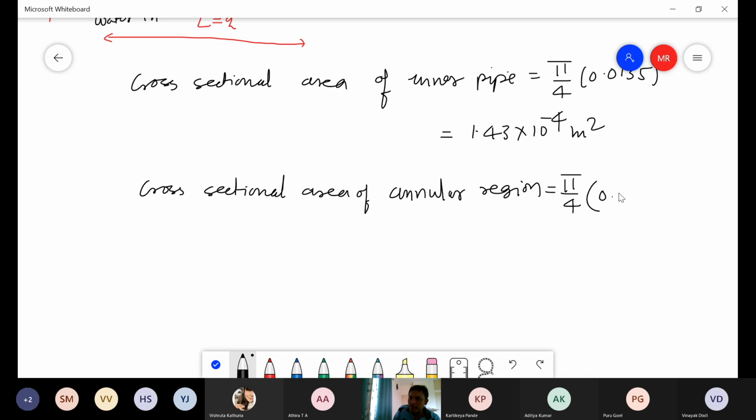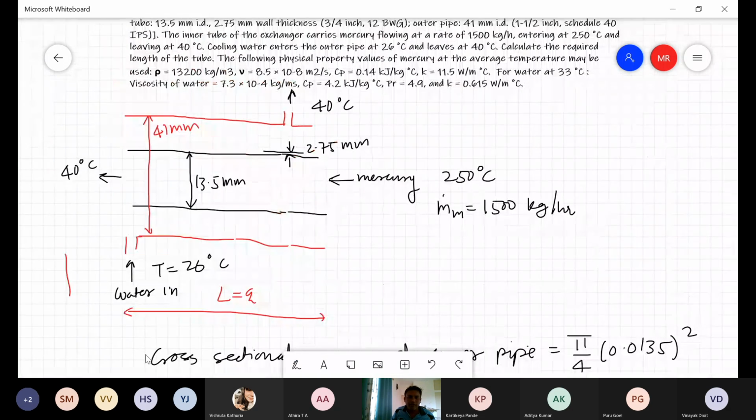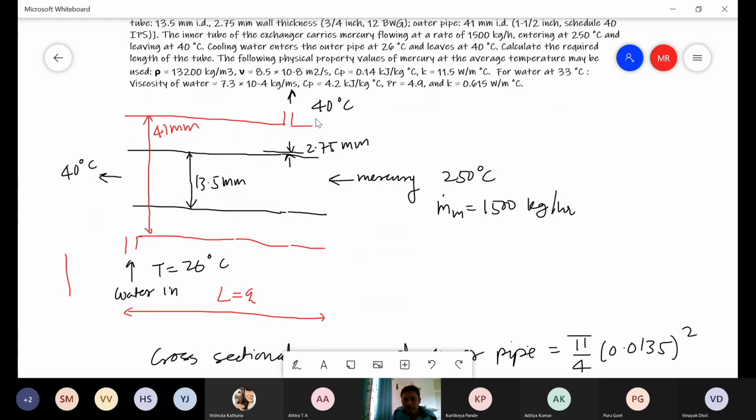So that becomes 0.041 square minus 0.019 square. Okay. So now 0.041 is clear from where it is coming. Okay, let's go up in the figure. So this 0.041 is the internal diameter of the outer pipe, isn't it? So this is the internal diameter of the outer pipe. Again, what will be the outer diameter of the inner pipe?